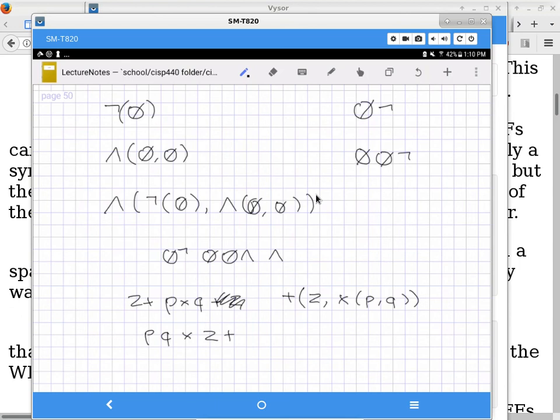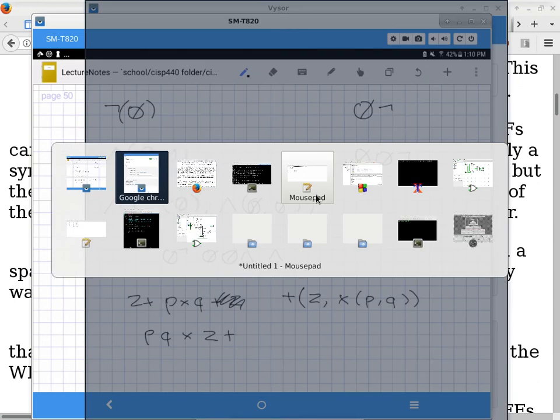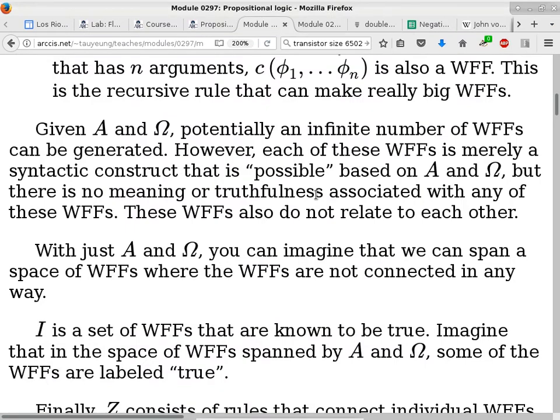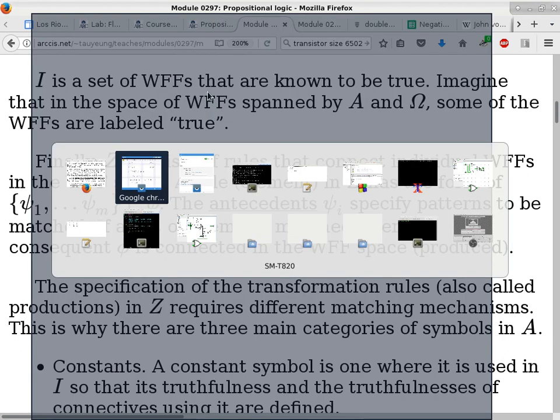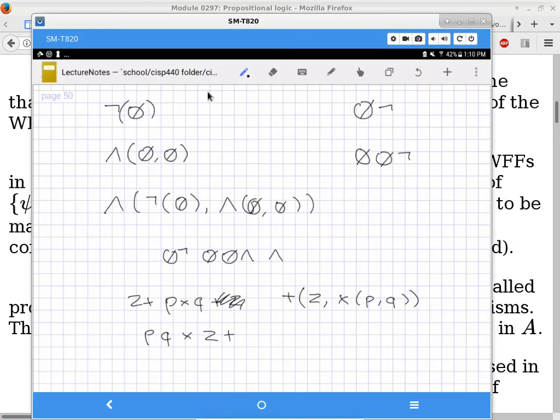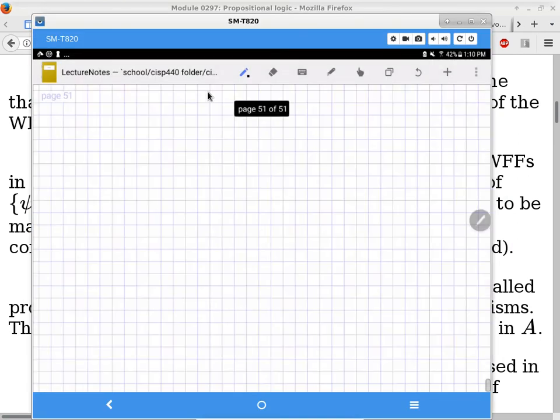All right. So now we look at transformation and iota. Iota is a set of well-formed formulae that are known to be true. So let's go back to my tablet here and figure out what type of well-formed formulae is known to be true by definition.